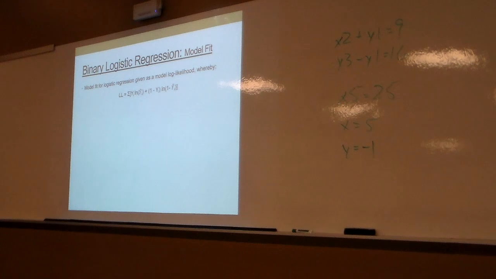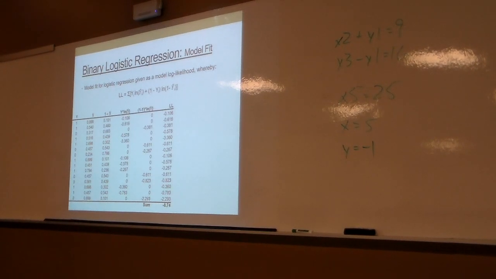So for our logistic regression model, we're going to get a model log likelihood that's calculated as the sum of your outcome times the natural log of your predicted outcome, plus 1 minus your outcome times the natural log of 1 minus your predicted outcome.